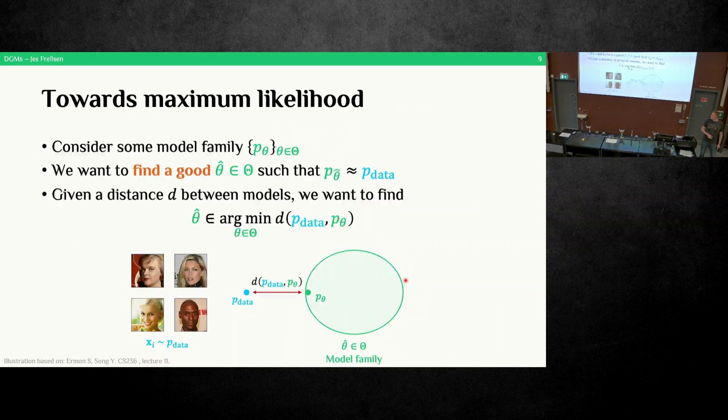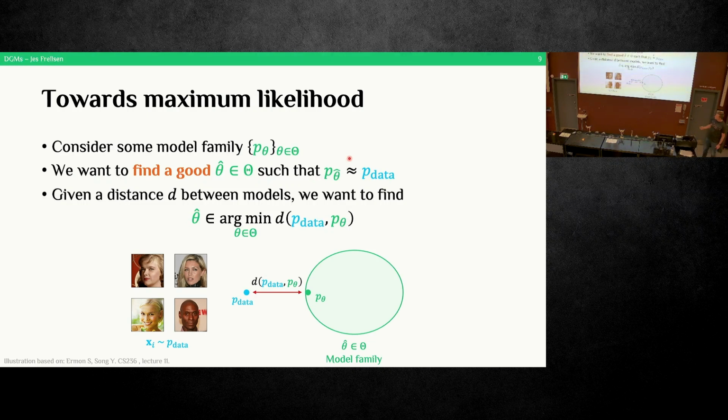Okay, so what is it we want to do with these models? We assume I've specified a model family that's parameterized by some parameter theta. Then we want to find a good setting of our parameters such that our model distribution is very close to the data generating distribution.